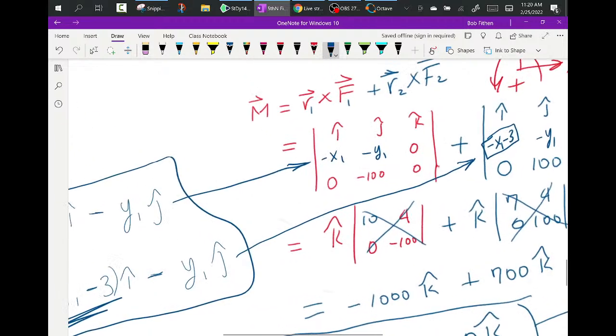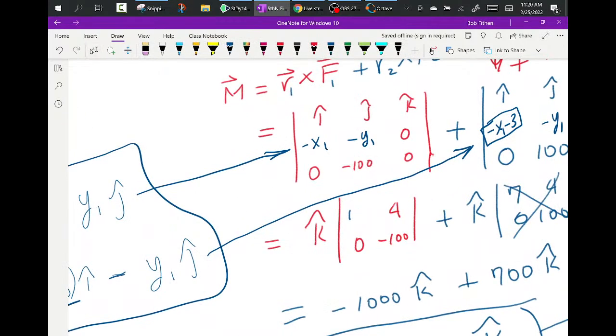So what happens is you get minus x1 minus y1. What you notice is, it doesn't matter where y is, because you multiply that, it gets 0. So what you get here is, now I have this as a minus, it really doesn't matter, but this is a minus 100, but I'm multiplying it times that, and so I get that.